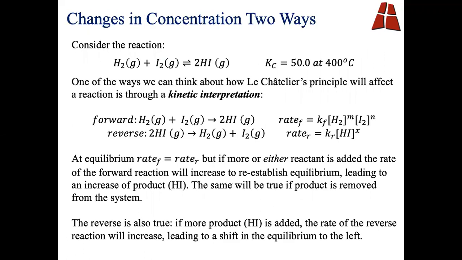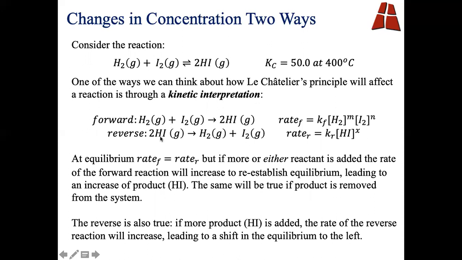Okay. And an example we went through, or two ways we interpreted one example, were with H2 and I2. So we can have a kinetic interpretation: if we increase reactants in the reaction, then the rate of our forward reaction will go faster, meaning that the reaction will ultimately shift to the right and we'll end up forming more HI in total.